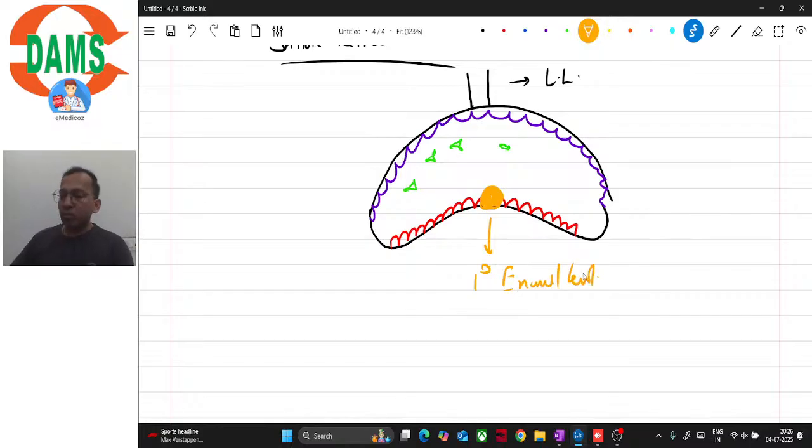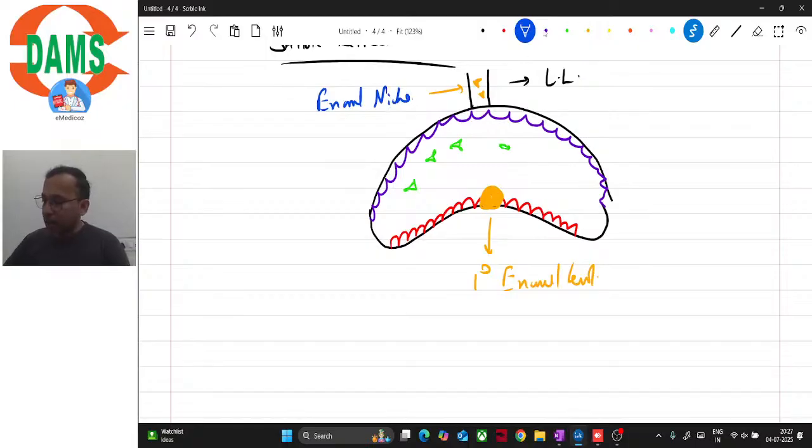There is one more structure that we can see here, that is the enamel niche. Another structure that we can see here is the enamel cord.